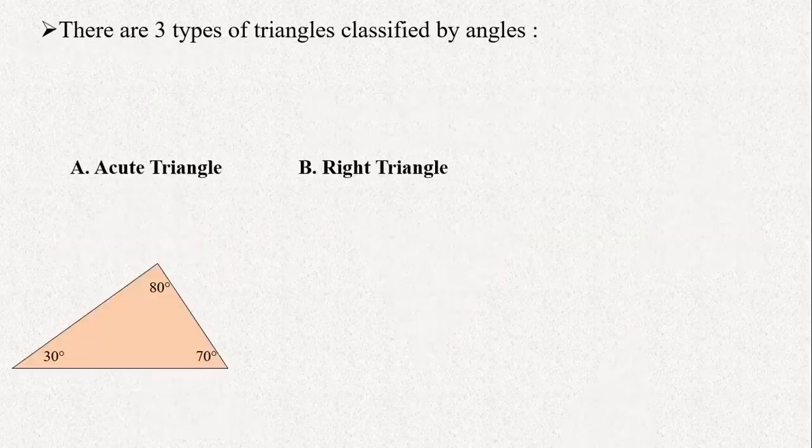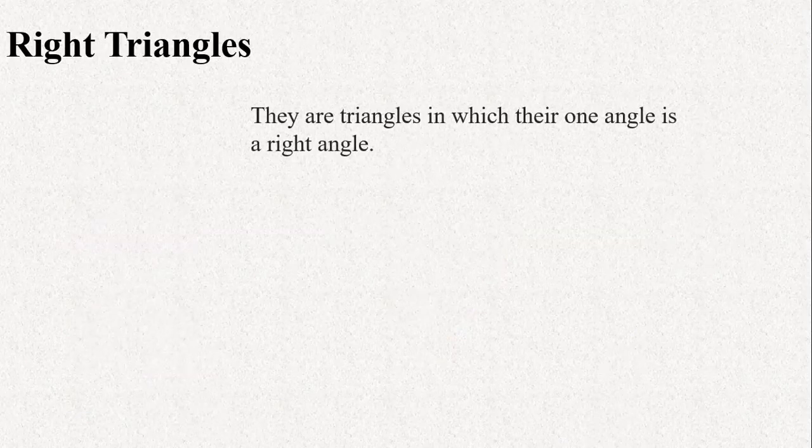Let's continue with the second type. It is the right triangle. We know what a right angle is, so we can define a right triangle easily.